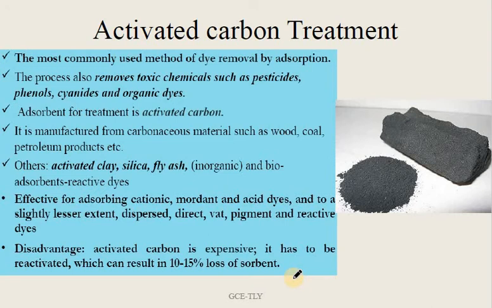It is manufactured from carbonaceous material such as wool or wood, coal, petroleum products, either by chemical activation or thermal activation. Other adsorbents can be activated clay, silica, fly ash. It is effective for adsorbing cationic, mordant and acid dyes, and to a slightly lesser extent disperse dyes, direct dyes, vat dyes, pigment and reactive dyes could be adsorbed using this activated carbon method.